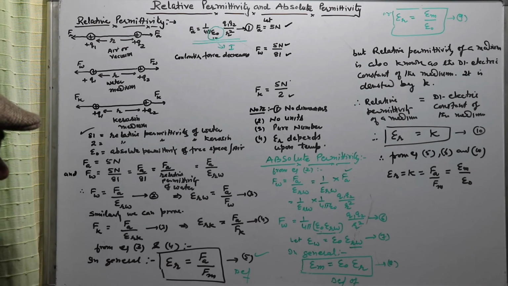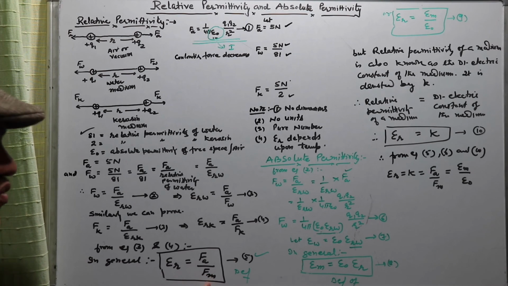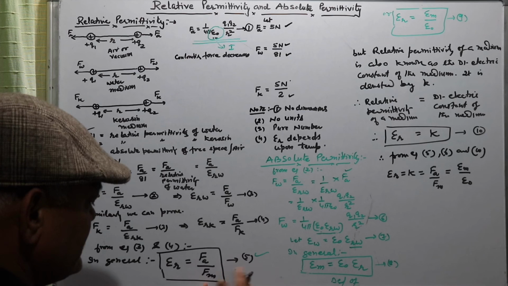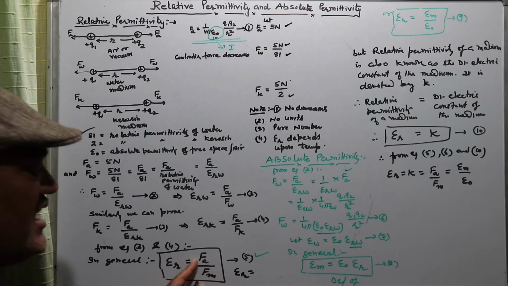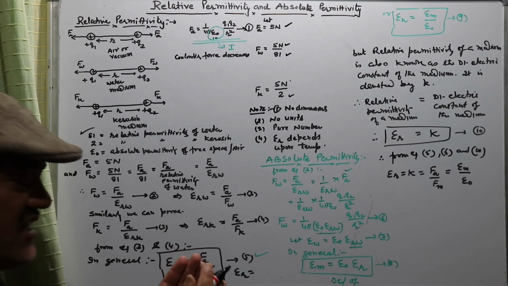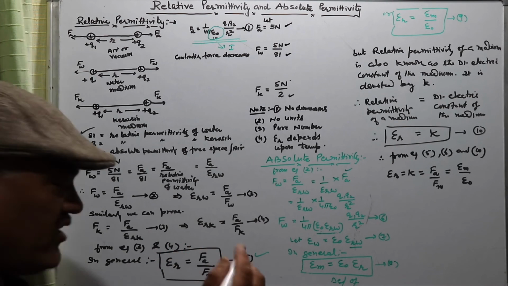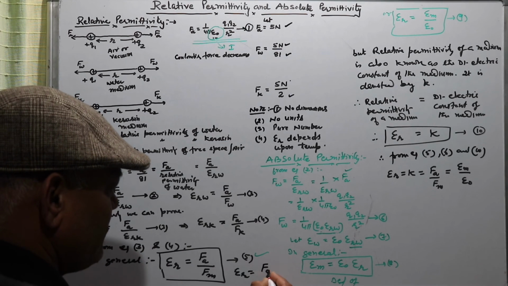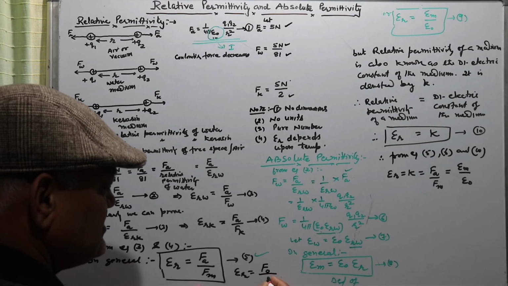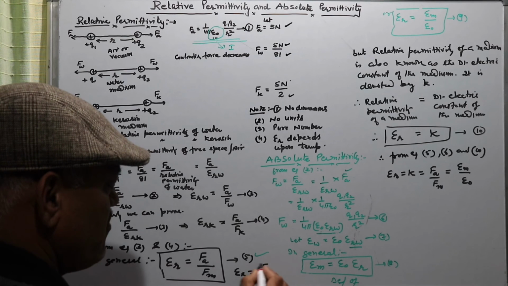But student, here we can also write that epsilon r is equal to F naught upon Fm, where F naught is the Coulomb's force when the charges are placed in vacuum. So here we can write F naught and Fm.